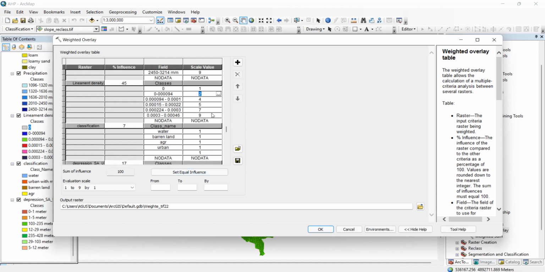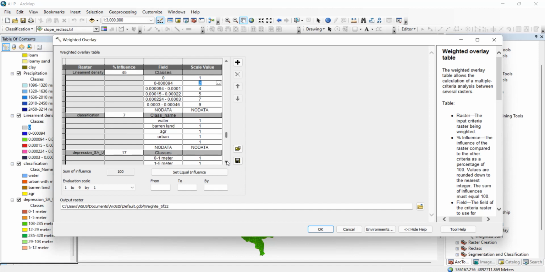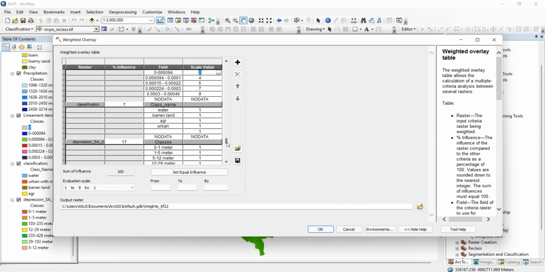I could assign different values, for instance, for this 9, for this 8, for this 7, etc. But it doesn't make a huge significant difference because most of the result depends on the influence, and these rankings might just slightly change the final result.